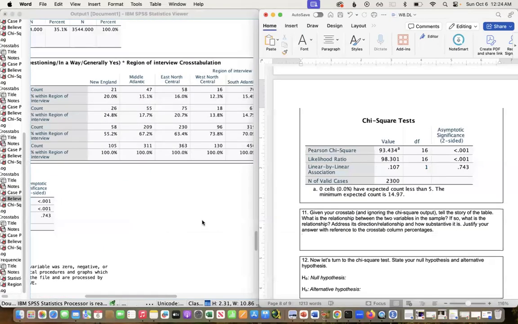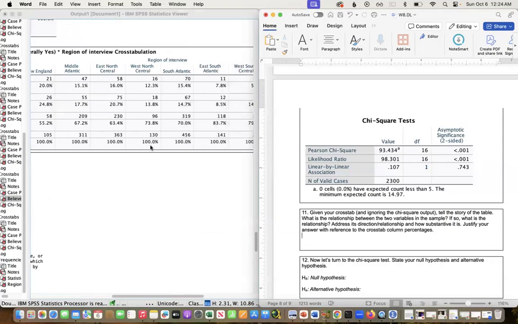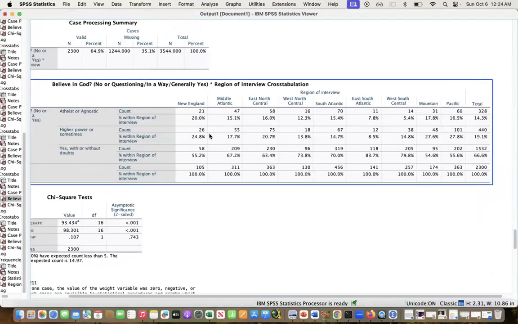Let's see. Who's the most theistic? We would see that there are these groups that are around 80: East South Atlantic and West South Central. And they're also the least likely to be atheist or agnostic as I look across. These are the only two that are under 10% in this row, and the only two that are around 80% or higher in this row.